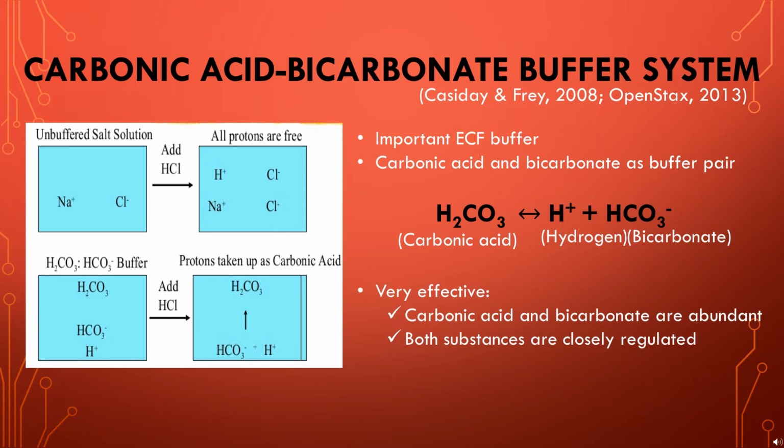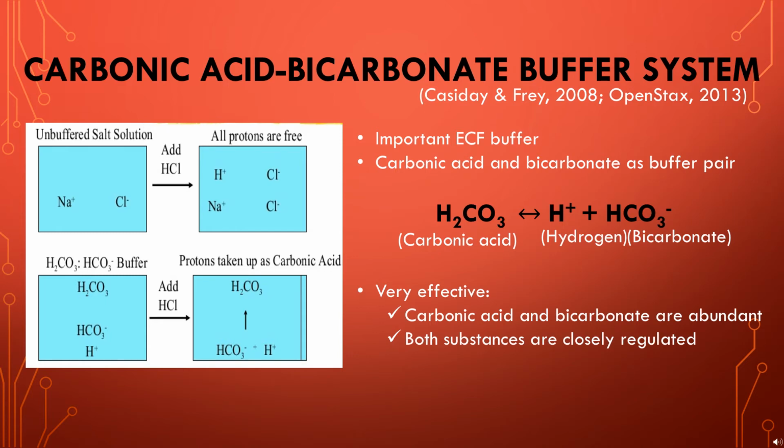The carbonic acid bicarbonate buffer system is important in controlling pH changes that do not necessarily result from fluctuations in carbon dioxide generated carbonic acid. This buffer system is effective in that both substances involved, the carbonic acid and bicarbonate, are abundant in the extracellular fluid and are both closely regulated.